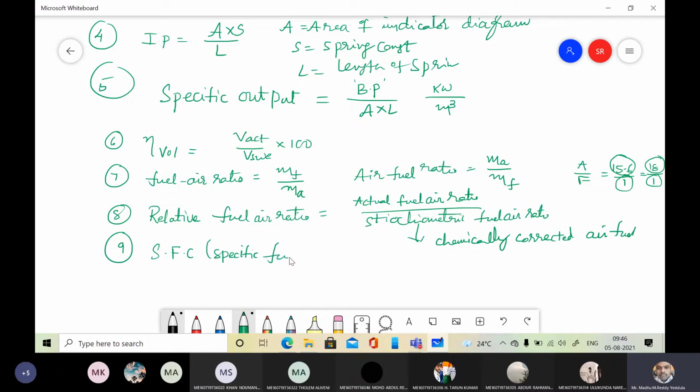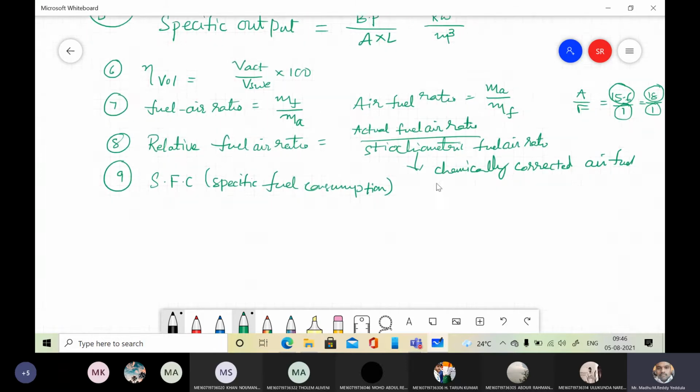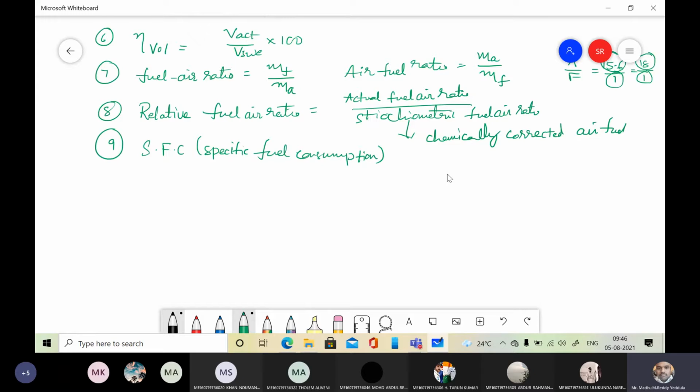Specific fuel consumption is very important. We can define specific fuel consumption in two ways: based on the brake power and based on the indicated power. Based on the brake power, we call it brake specific fuel consumption.